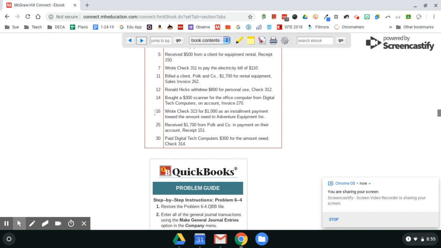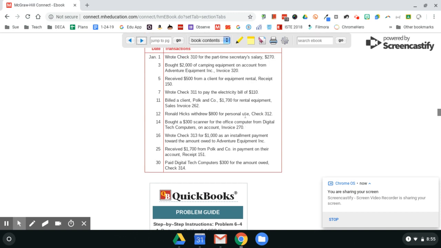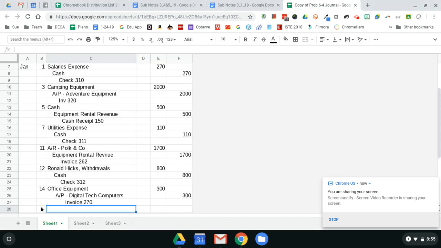Okay, 3 more. On the 16th, we wrote check 313, $1,000 as a payment towards the amount that we owed to Adventure Equipment from this transaction up here. Okay, so we're writing a check to pay off part of an accounts payable. So when an accounts payable goes down, that is a debit.